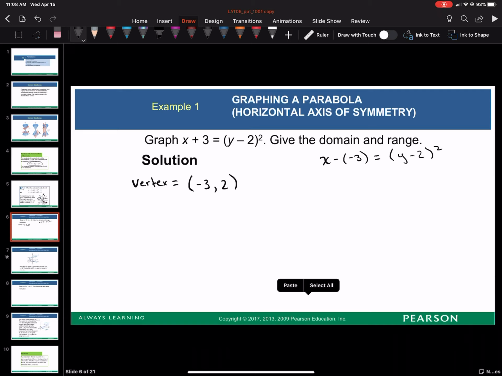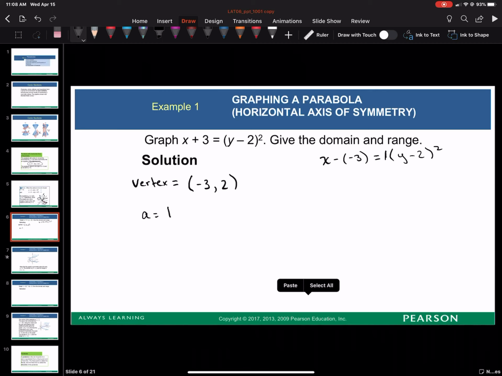Now, in this case, a is equal to what? 1. Because if you notice, it's just understood to be 1 here. So since we know that 1 is greater than 0, what direction does it open up at? To the right. All right? So let's look at this. We have our vertex, and we know its direction of opening.